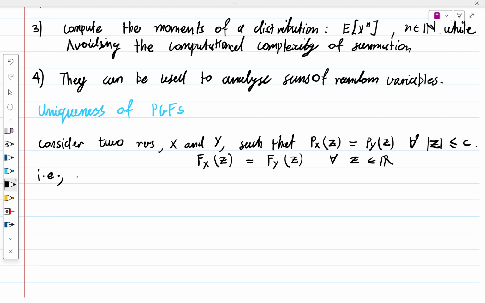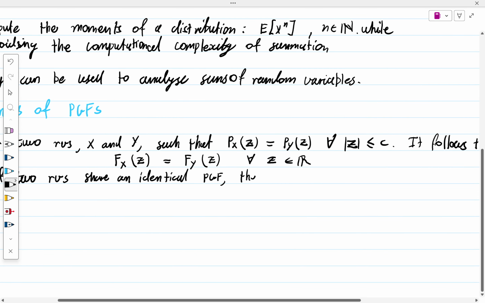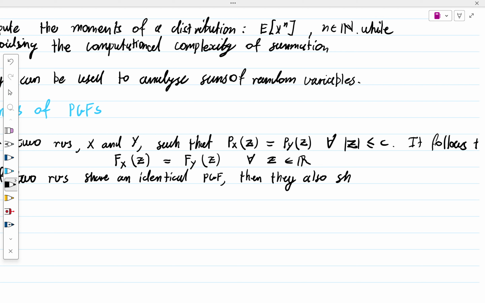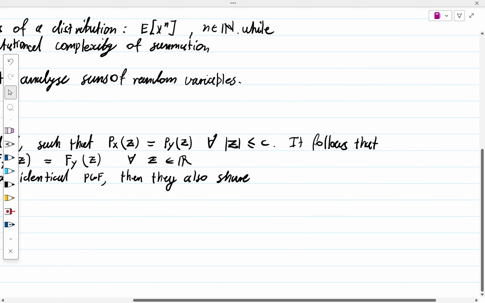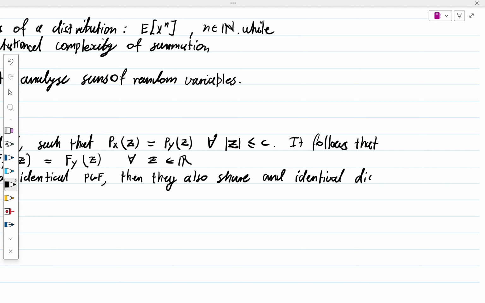That is, if two random variables, two RVs, share an identical PGF, then they also share an identical distribution.